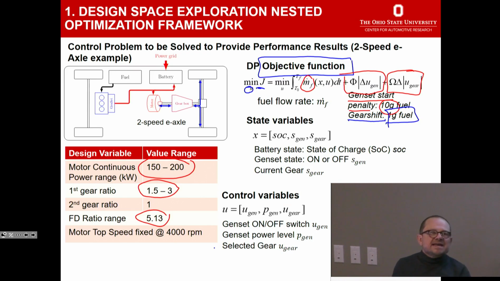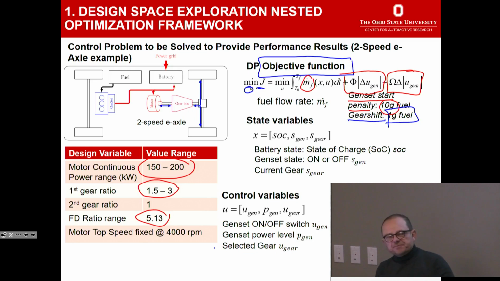We want to have the same units, right? So we assigned it a cost in fuel. In fact, gear shifting is more of a drive quality issue. It will affect the fuel economy as well. So anyways, we tried to make a cost function in which we considered fuel economy, engine start-stops, and gear shifts.